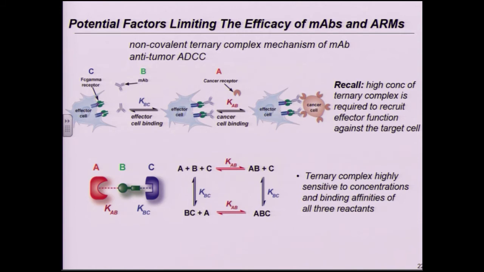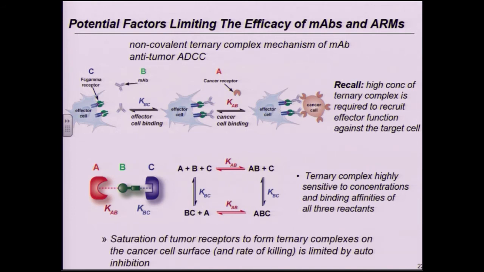Okay, and so the way we think about it from this kind of thermodynamic cycle is really that you can have either the antibody bind the cancer cell, followed by the immune effector cell, or vice versa. The order isn't really substantial. What is important to note here is that the ternary complex, ABC, that's required for phagocytosis or antibody-dependent cellular cytotoxicity is highly dependent on the concentrations of these species already present in vivo, which you can't easily modify.